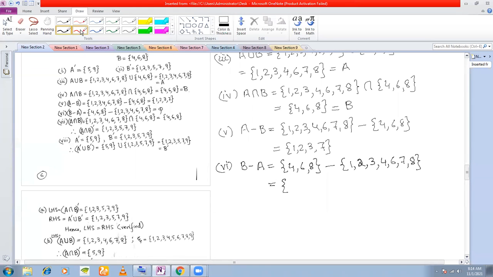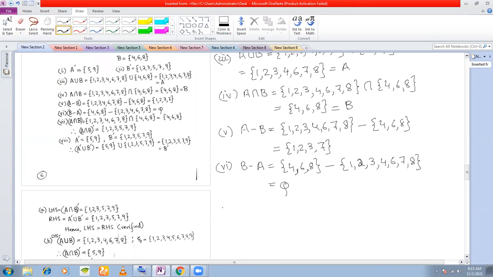All the elements of B from which you have removed all the elements of A. So you remove 4, which is there in A. You remove 6, which is there in A. And you remove 8, which is there in A. That means you are removing all the elements from B. So what are you left with? Yes, sir. It will be a null set. So B minus A is a null set. Okay, fine. So this was B minus A.